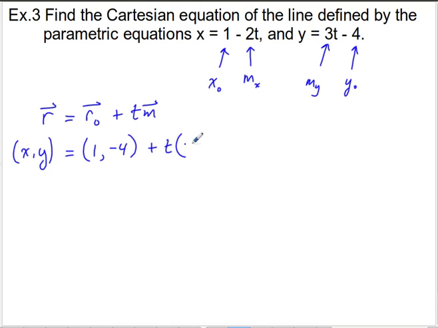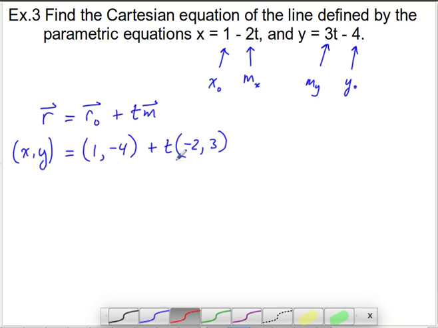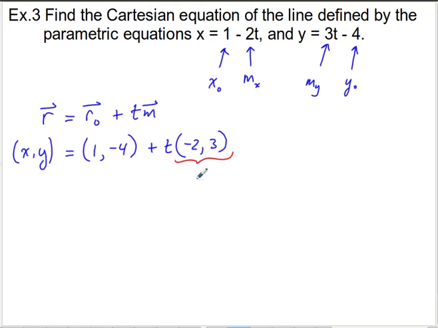My x direction component is -2, and my y direction component is 3. I could have taken a shorter route to get here, but that is my direction vector, which is -2, 3.